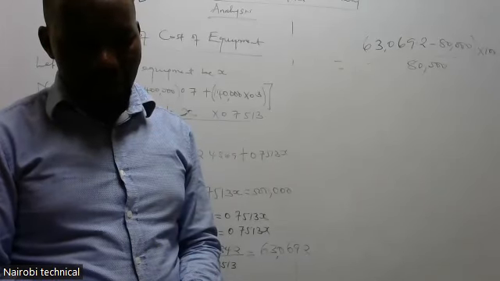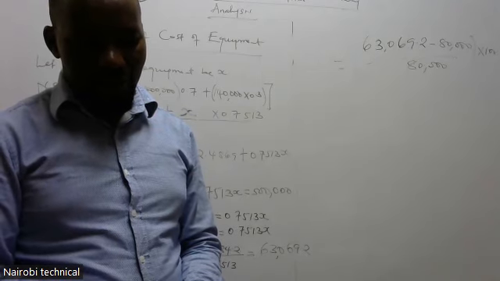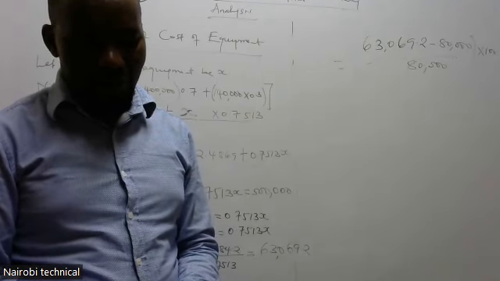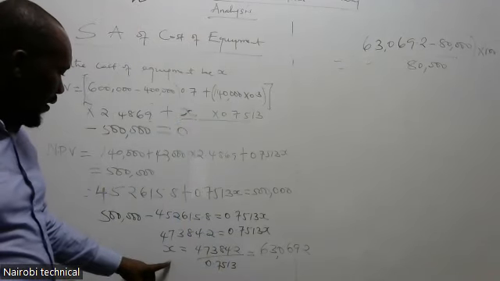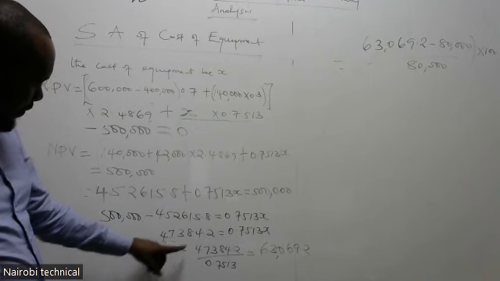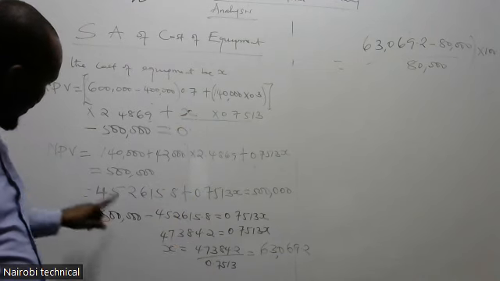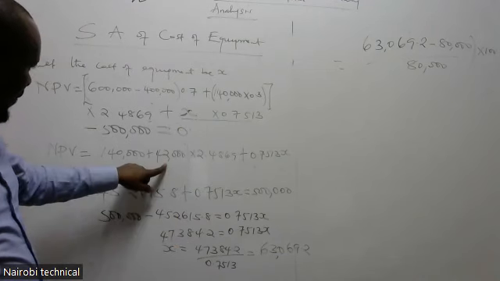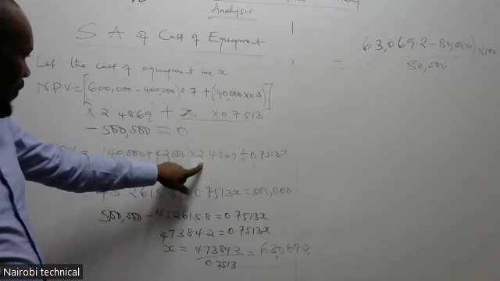So when we go back to that question, the value of X, I'm still trying to get the value of X. There, 42,000 times 2.45. When NPV is equal to 140 plus the one above, there. So 140 plus 42,000 times 2.45, yes.